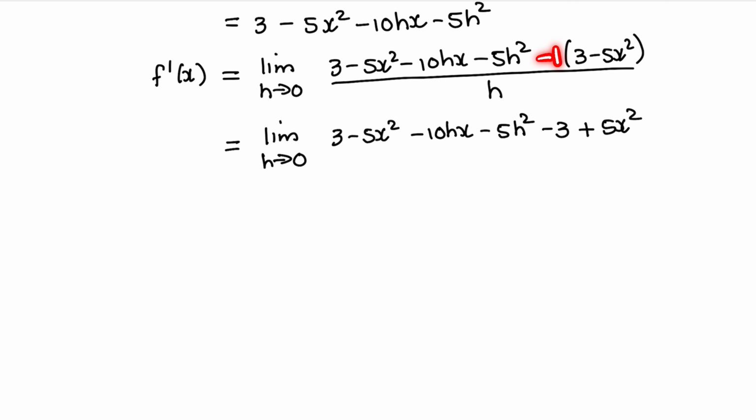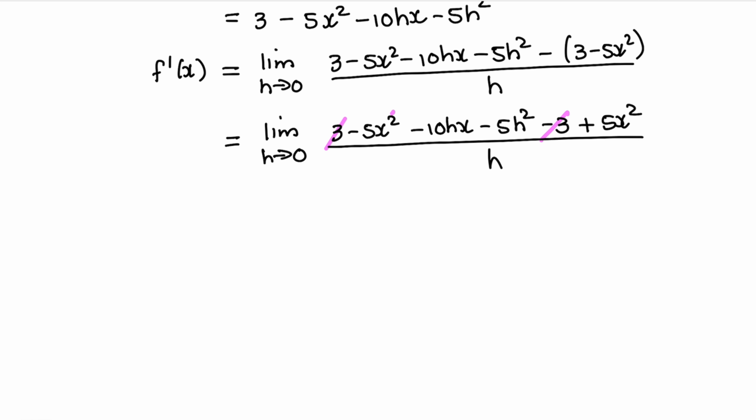And then negative 1 times negative 5x squared, which becomes plus 5x squared. And this is all over h. So now we can add or subtract like terms in the numerator. So 3 minus 3 is 0, minus 5x squared plus 5x squared is also 0. So I'm only left with negative 10hx minus 5h squared.